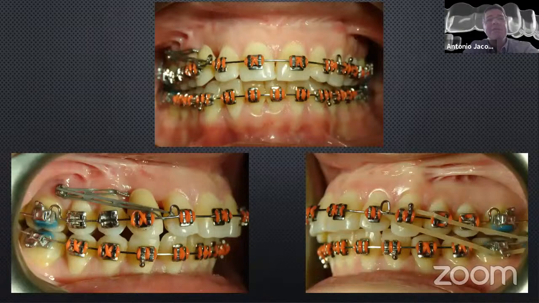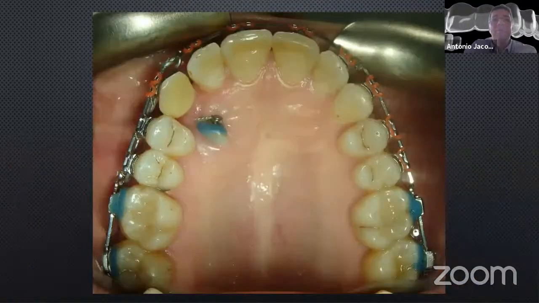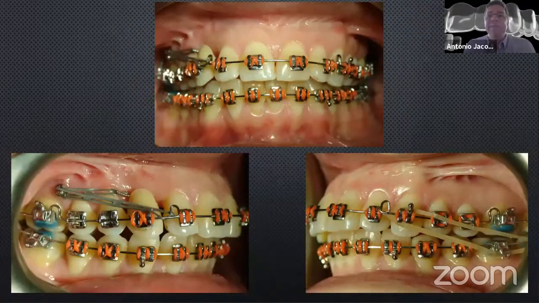And now we are using the mini implant to bring the canine towards buccal and to distalize the molars, to correct this class 2 on the right side. So I was using the same mini implant to distalize the molars and to bring the canine to the proper position.